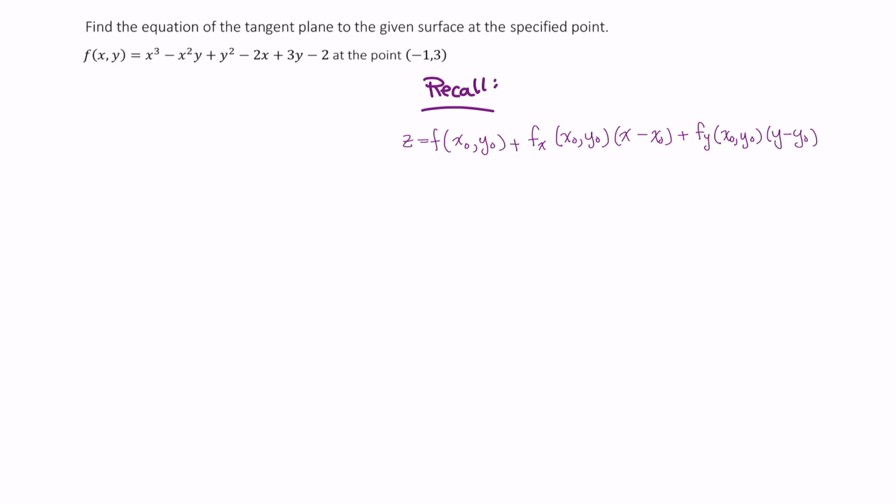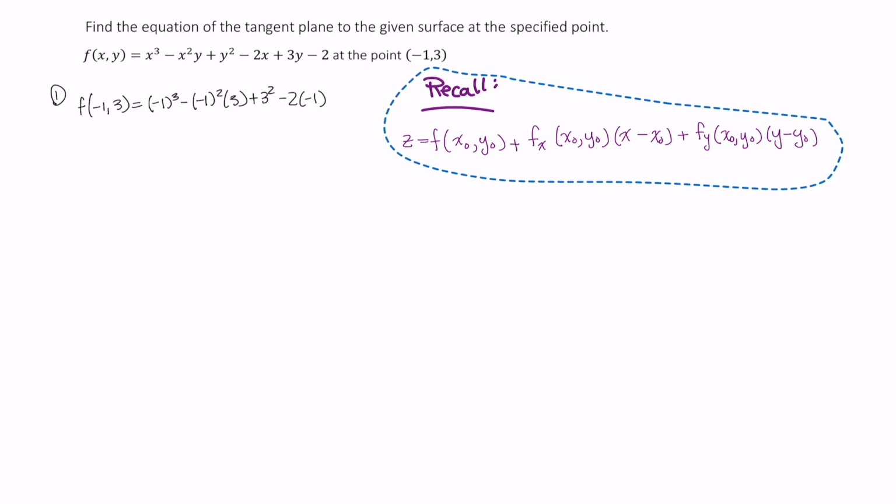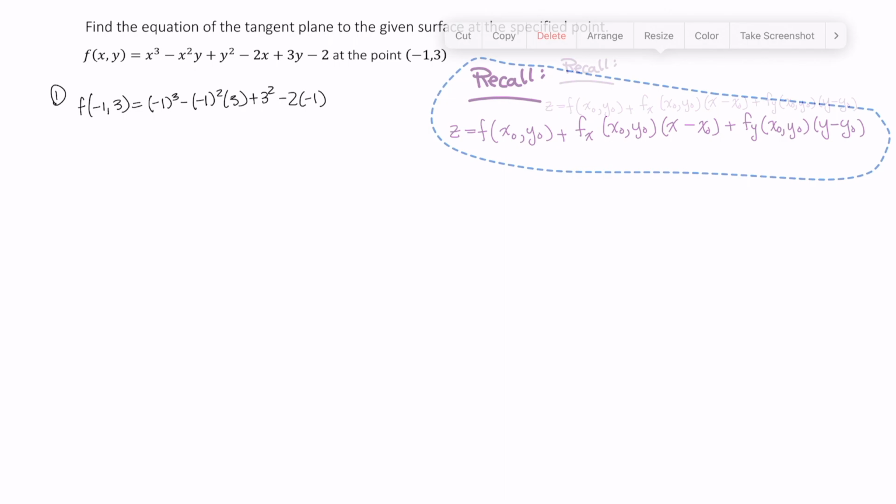So first, let's go ahead and evaluate f at -1, 3. That's -1 cubed minus -1 squared times 3 plus 3 squared minus 2 times -1. Oh boy, I seem to not be managing my space very well right now. There we are.